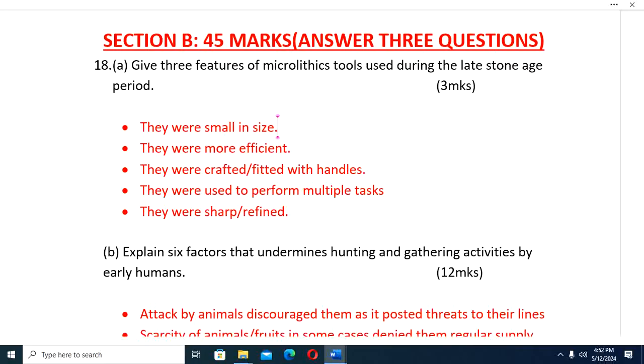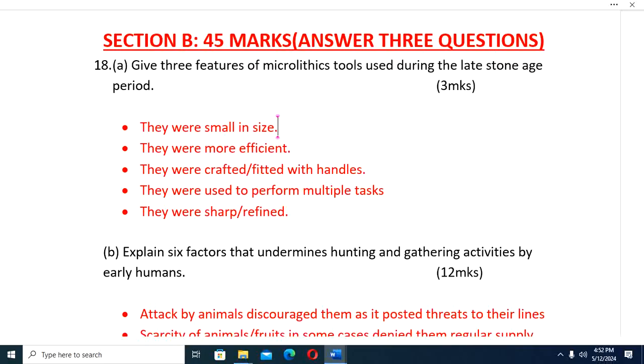You can also say features of microlithic tools used during the late Stone Age period. That is a response statement, and when the examiner is marking, they will see this is the question you're trying to answer. Otherwise, if you write the answers without the response statement and you have not numbered your work, then you will fail. Let me tell you, you will fail.